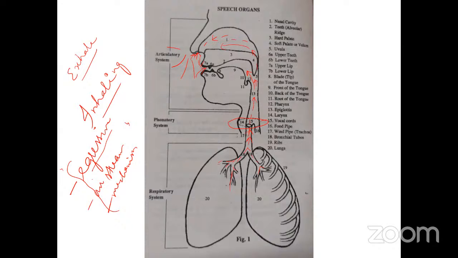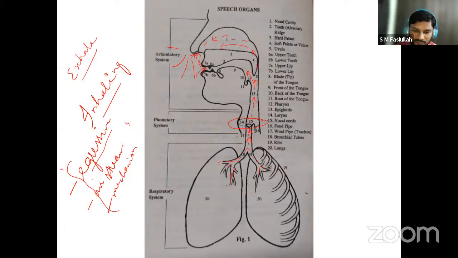So air is not only essential for our survival as human beings, it is also essential to produce sound. The whole system in which we are able to produce sound is called egressive airstream mechanism, because we are making use of air. And while releasing the air, we are able to produce sound.